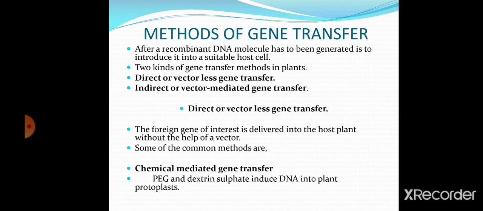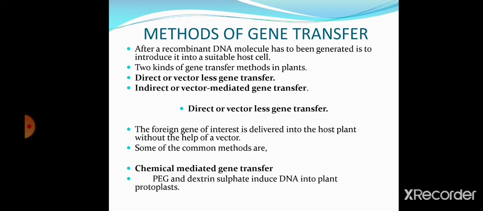In detail, now let us study what is direct or vectorless gene transfer and its types. What is the direct gene transfer method? Here the foreign gene of interest is delivered into the host cell without the help of a vector. Here a vector is not needed. So directly we can deliver the gene of interest into the host plant.